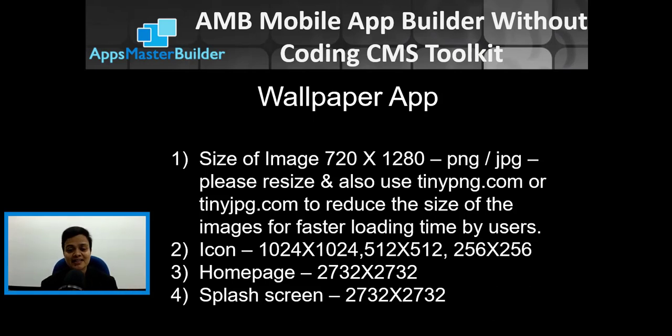That's why the size is a portrait size of 720 times 1280 pixels. But there is another function whereby the images that they see in the app, they will also be able to share with friends, colleagues, customers, and so on.